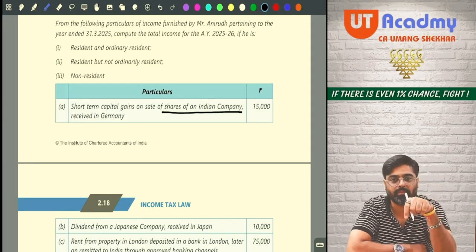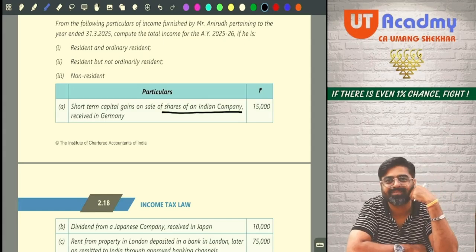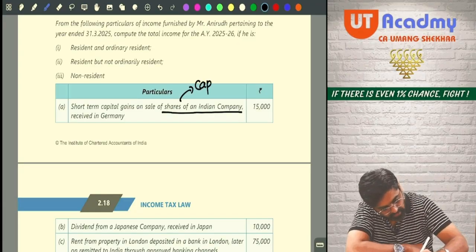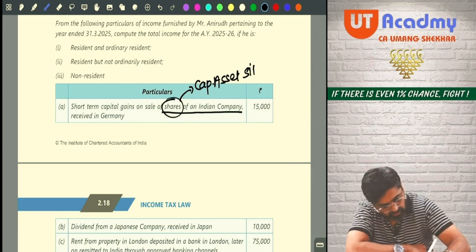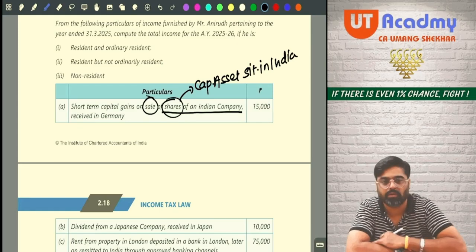Shares of an Indian company will be situated in India because the company is situated in India. Meaning, can I say that this is a capital asset which is situated in India, and this capital asset is sold.